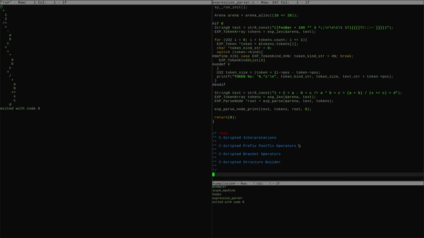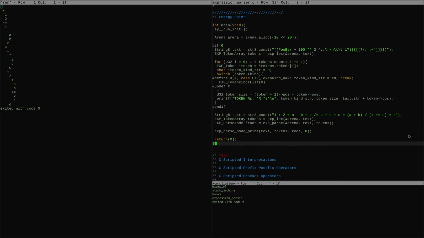And let's see here. We've got an equality with a left-hand side of plus 1 plus 2 and a right-hand side of divided by equals.